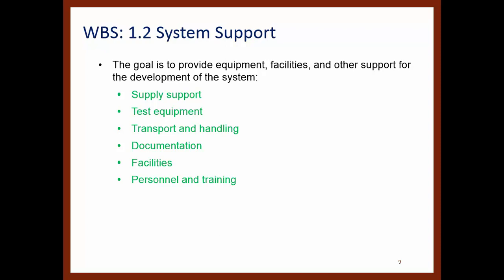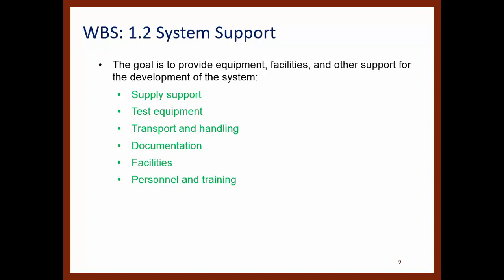So everything that goes around the actual system. Supply, meaning are we able to supply the input required for the system to function? Test equipment, if we are going to perform an evaluation of some of the outputs, do we have the test equipment available to perform those tests?